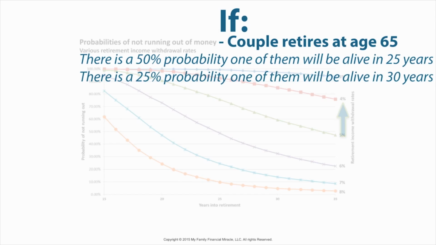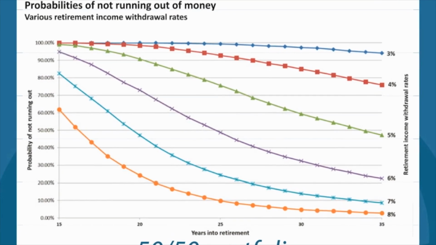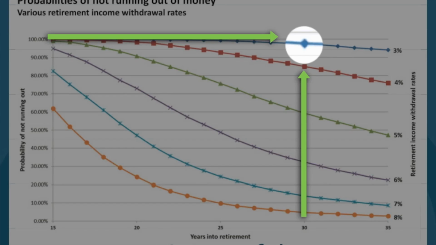So looking at 25 and 30 years into retirement, if this couple were to pull 3%, 4%, 5%, 8% off of their account, that is $30,000, $40,000, $50,000, $80,000 a year. As we look out 30 years at the 3% line, there's about a 99% probability that this couple won't run out of money.